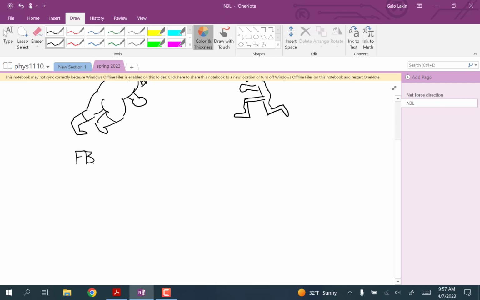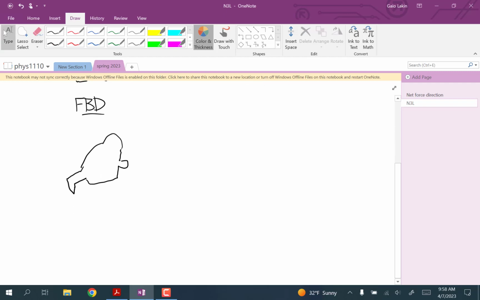So a free body diagram of the bigger player. I'm not going to get too carried away with this outline. Okay, so here comes the bigger player flying in. And there is a weight force.